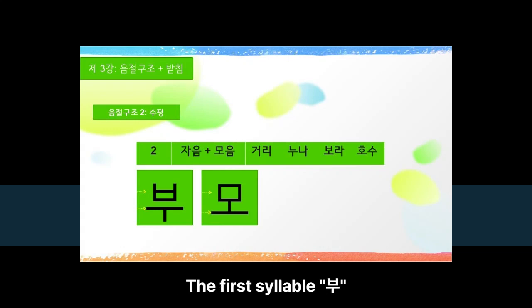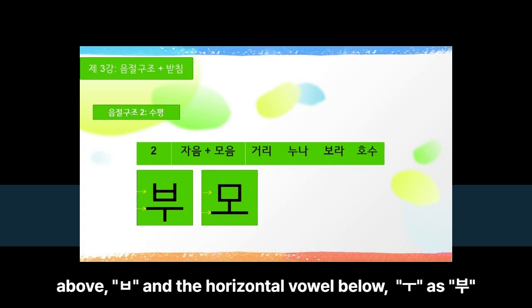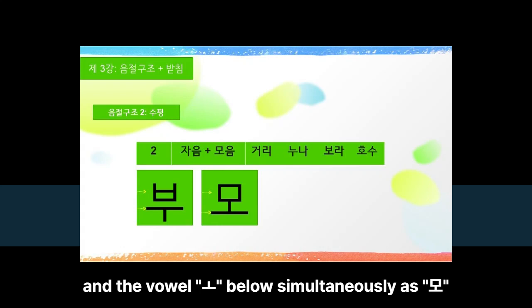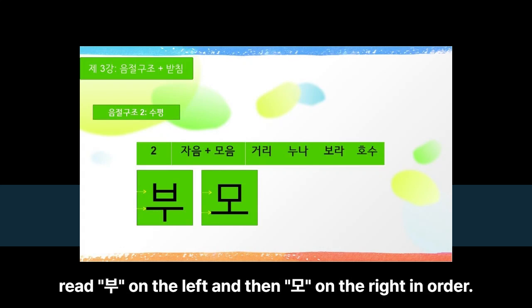The first syllable, bu, is read by simultaneously reading the consonant above, biup, and the horizontal vowel below, wu, as, bu. When reading the second syllable, mo, pronounce the consonant, mium, above and the vowel, o, below simultaneously as, mo. Therefore, to read the word, buemo, read, bu, on the left and then, mo, on the right in order.